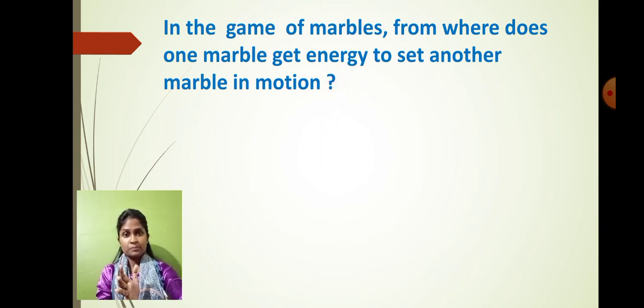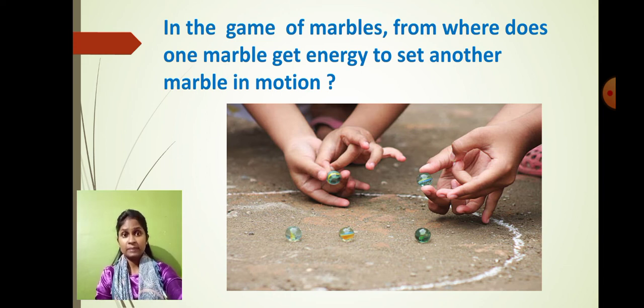In the game of marbles, we set all the marbles in a stable place, and we try to throw one marble at another, right? So where does this first marble get the energy, and because of this first marble, all the marbles are set into motion, right?